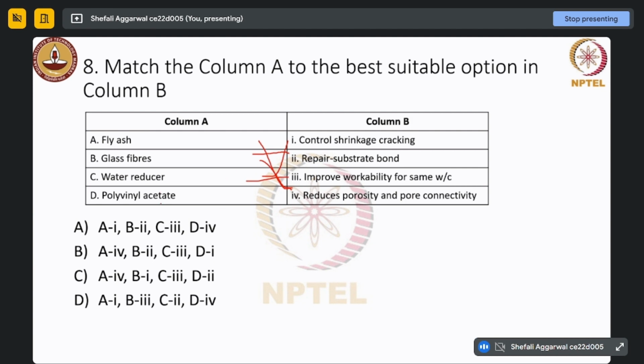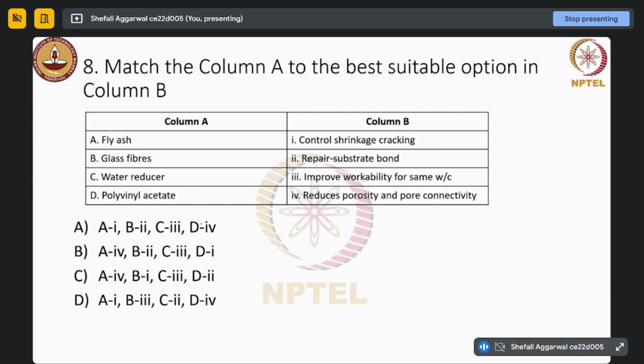And what do you think polyvinyl acetate will do? Is it a chemical? Yeah, a chemical, that I know. And which type of water reducer, accelerator, or superplasticizer, I don't know exactly. It's not a superplasticizer.